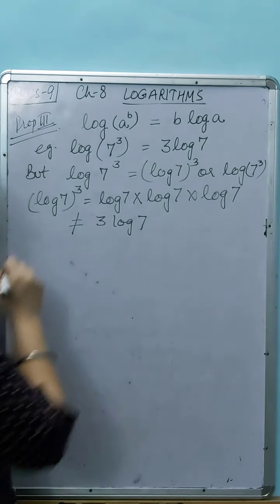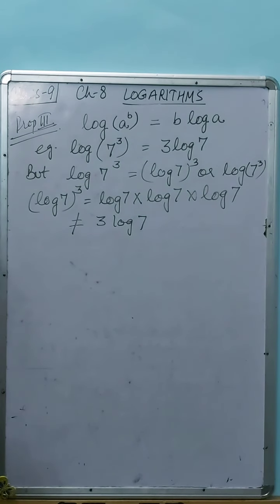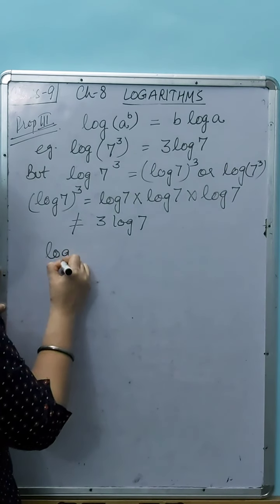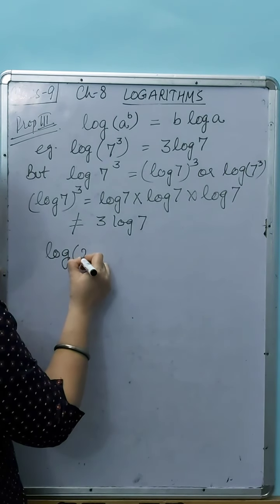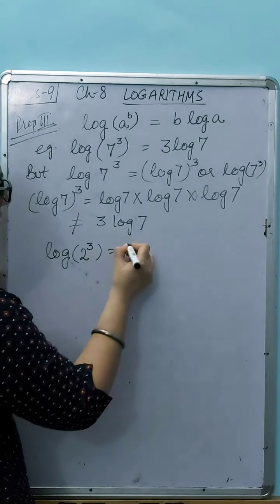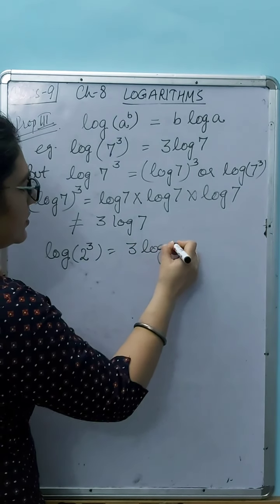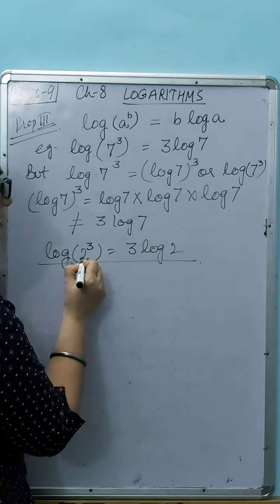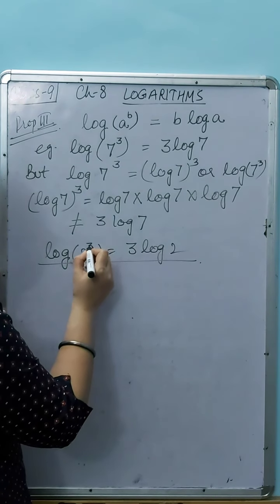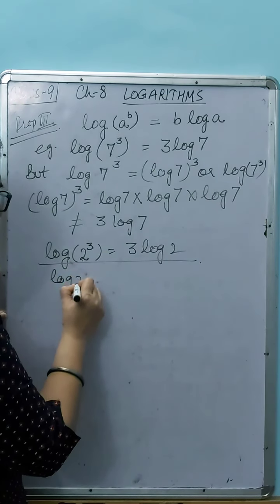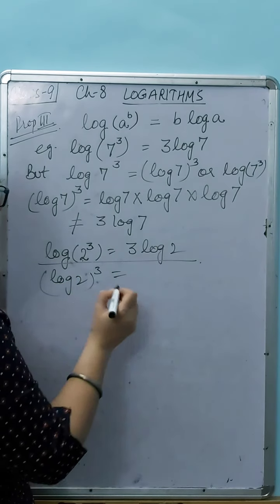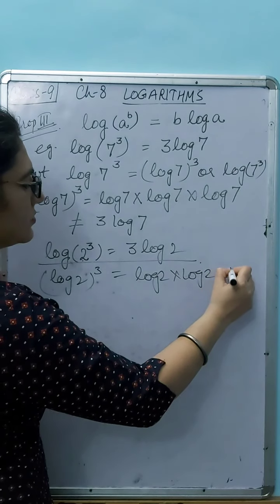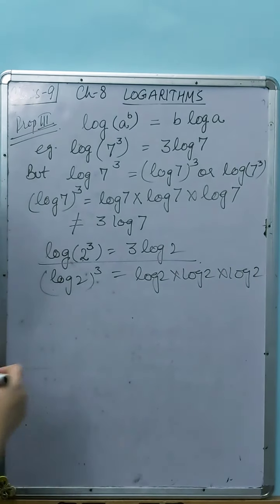The power rule is only applicable when there is a bracket, like 2 raised to power 3 over here, where you can write 3 log 2. The power rule is applicable when the power is on the number. When the power is on the log, it is a separate thing. This means log 2 multiplied by itself thrice.